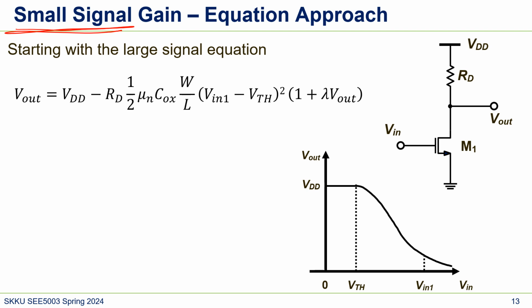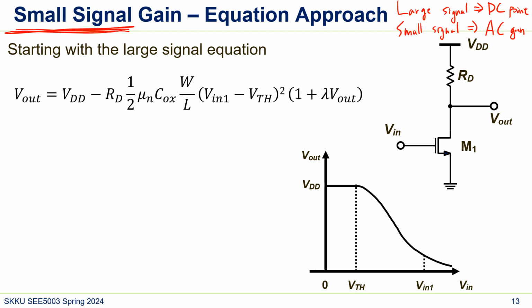So large signal means we're dealing with DC. When we talk about large signal, it's about the DC point. When we talk about small signal, this is AC gain. So here we're talking about small signal gain.